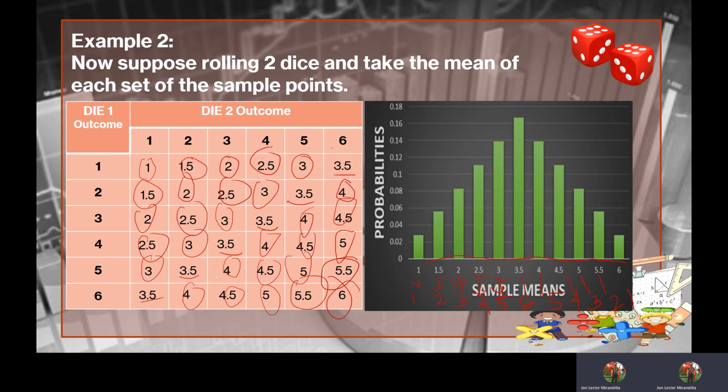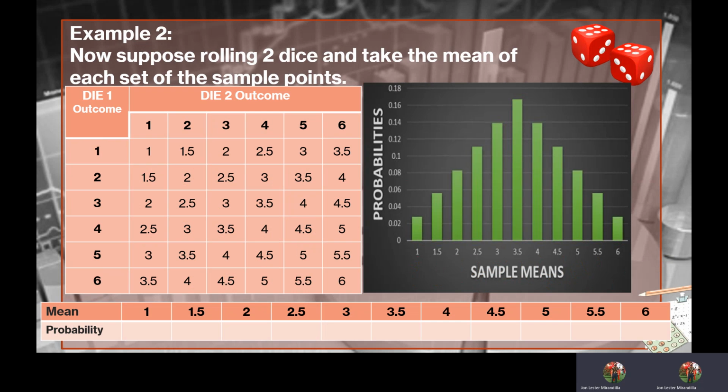Ngayon, kukunin natin yung probabilities na nakuha dito sa ating mga sample means. Ayan. So, probability of getting a mean of 1, since isang beses lang lumabas si mean of 1, kaya yung probability niyan is 1 out of 36.